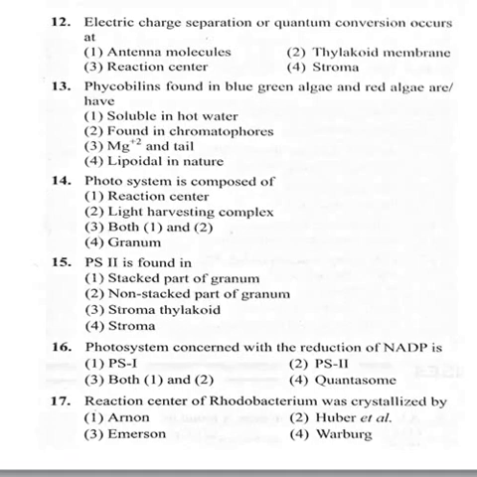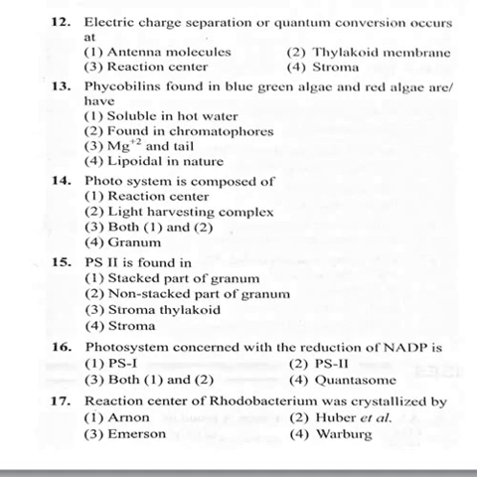Now 15th question. PS2 is found in option 1 stacked part of granum, option 2 non-stacked part of granum, option 3 stroma thylakoid, option 4 stroma. You know that photosystem 1 and photosystem 2 are usually located in the thylakoid membrane.